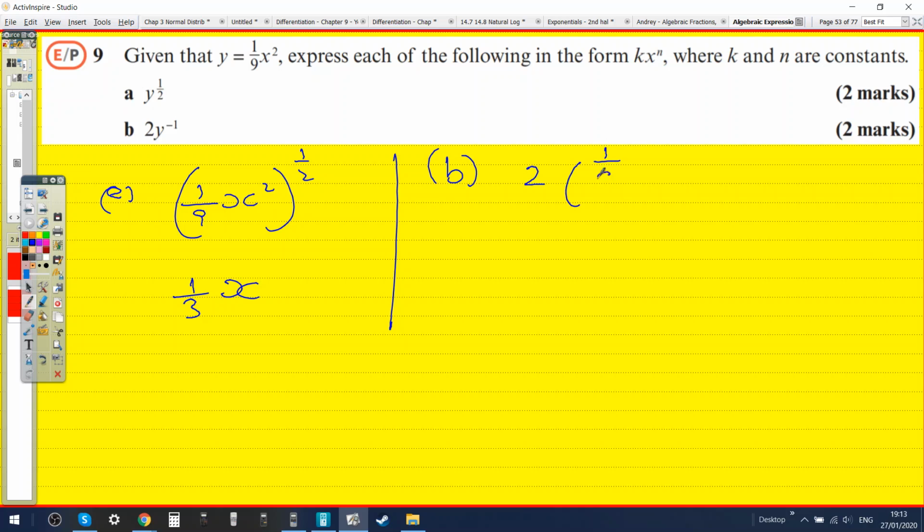And then that'll be 2 times 9x to the power of -2, and then the answer ends up being 18x to the power of -2. Will the answer end up being 18x to the power of -2?